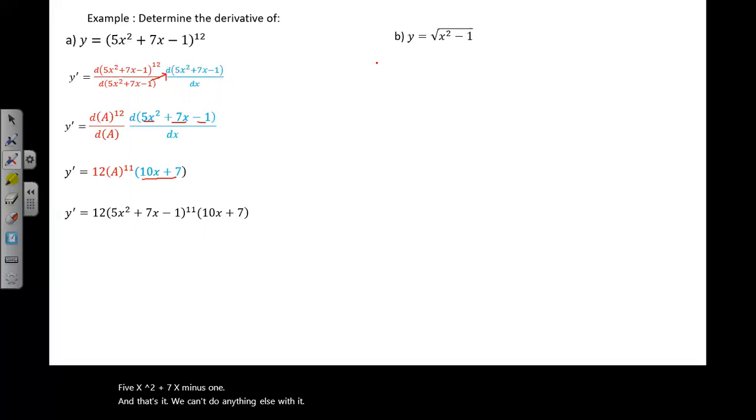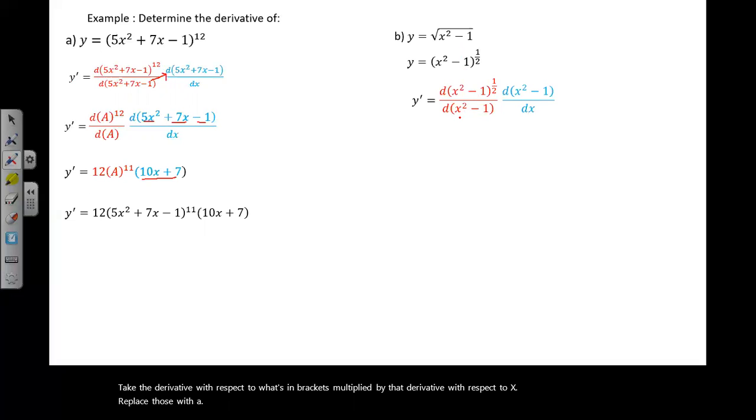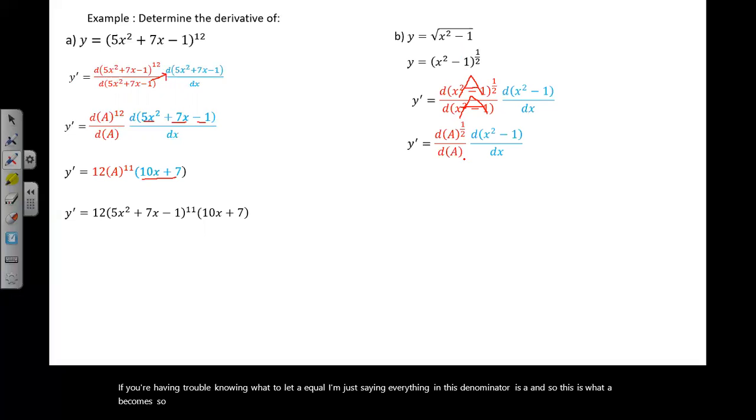Let's try another one. Square root of x squared minus 1. I would write that to the 1/2. We'll take the derivative with respect to what's in brackets, multiply by that derivative with respect to x. Replace those with a. If you're having trouble knowing what to let a equal, I'm just saying everything in this denominator is a, and so this is what a becomes. So I've got a to the 1/2.